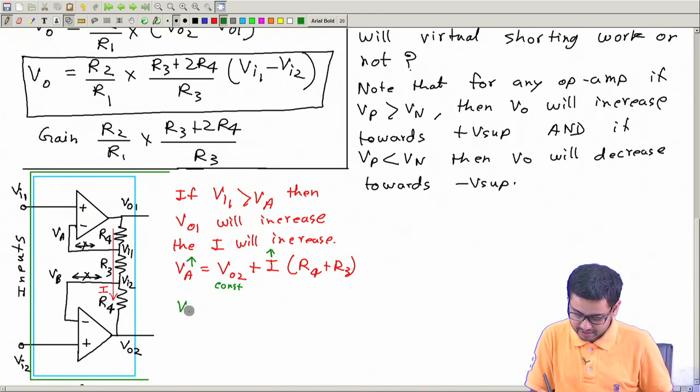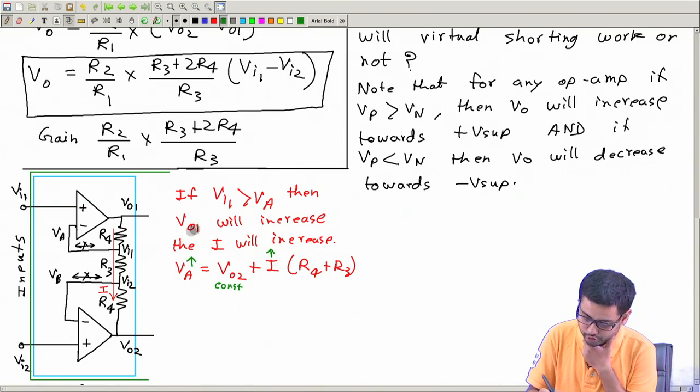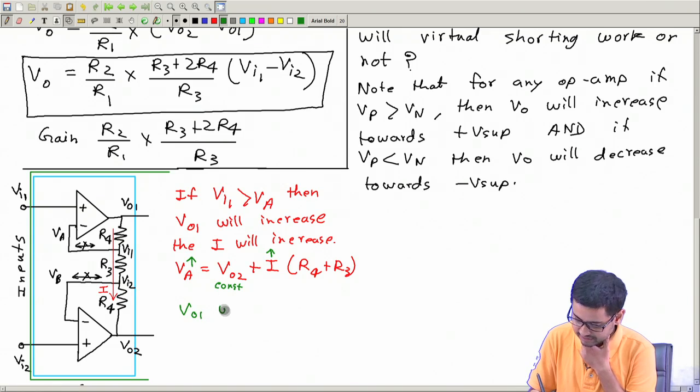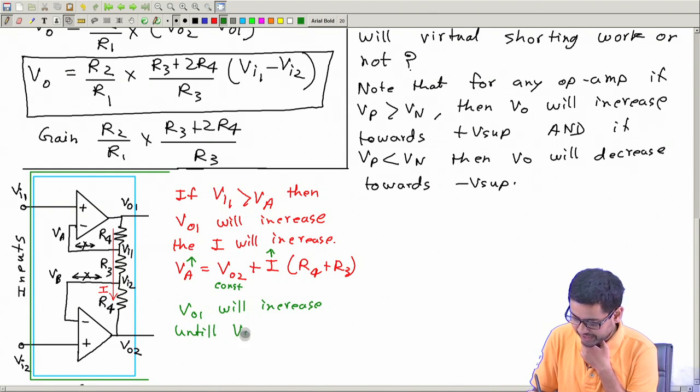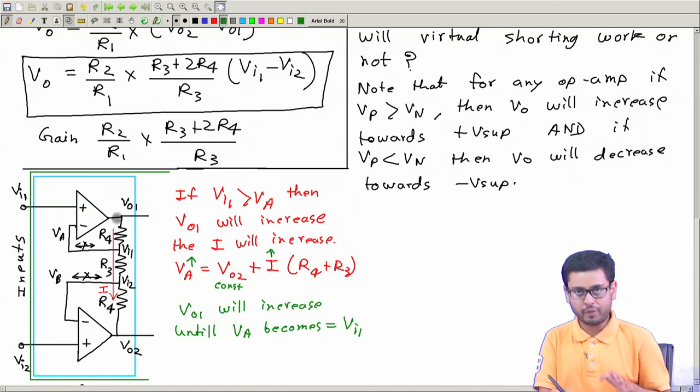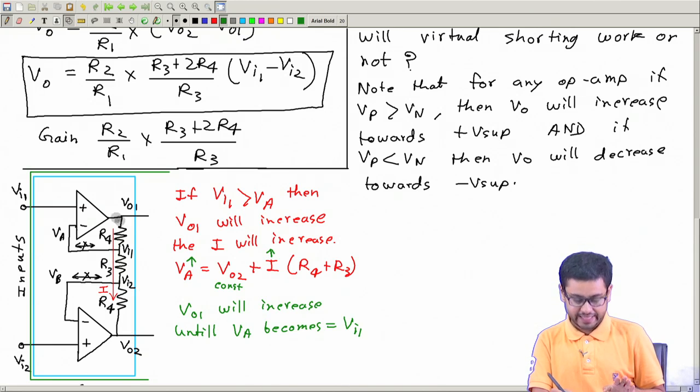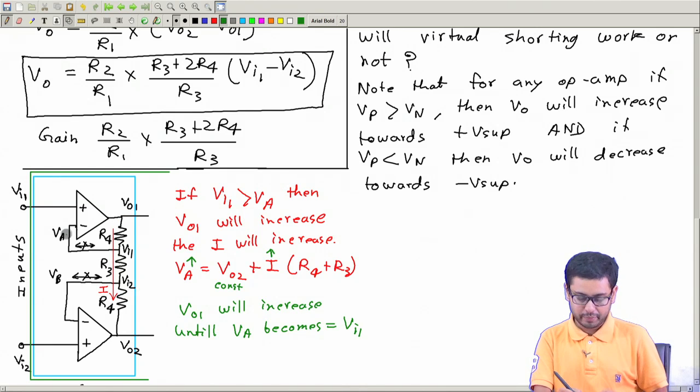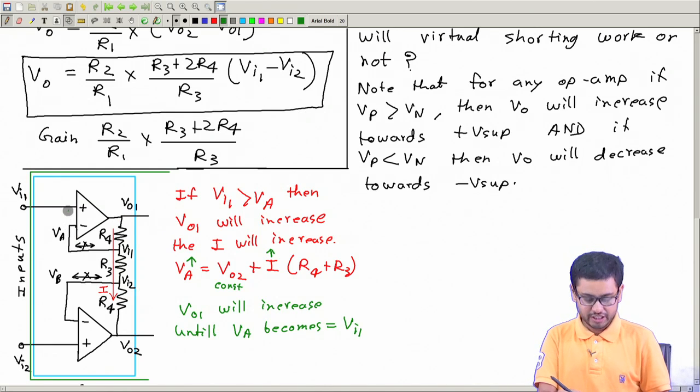So, Vo1 will increase until Va becomes equal to Vi1, and then the op amp's output will take that particular value which had made these two equal.